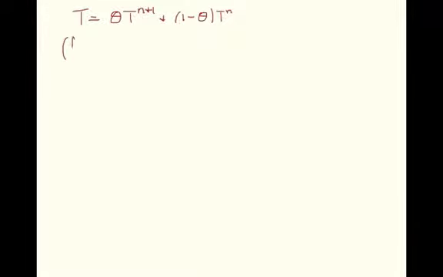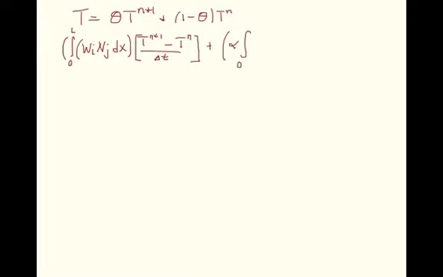What we're going to have is the integral from 0 to L of Wi Nj dx, where I've taken the summation out and we have implicit summation, times Tn plus 1 minus Tn over delta t, plus alpha times the integral from 0 to L of dWi/dx dNj/dx dx times theta Tj n plus 1 plus 1 minus theta Tj n.